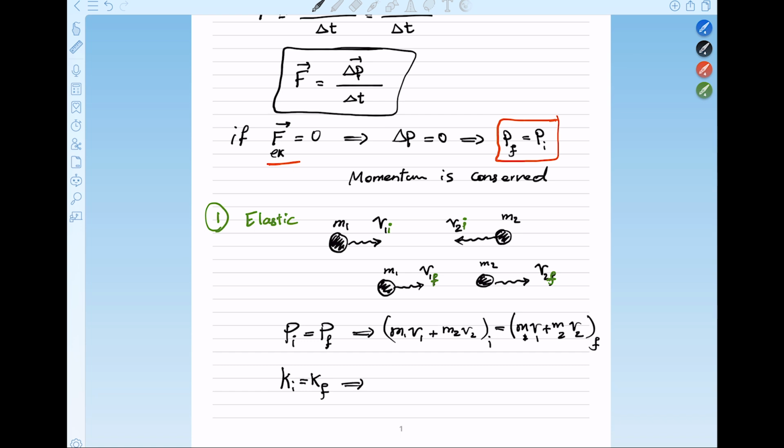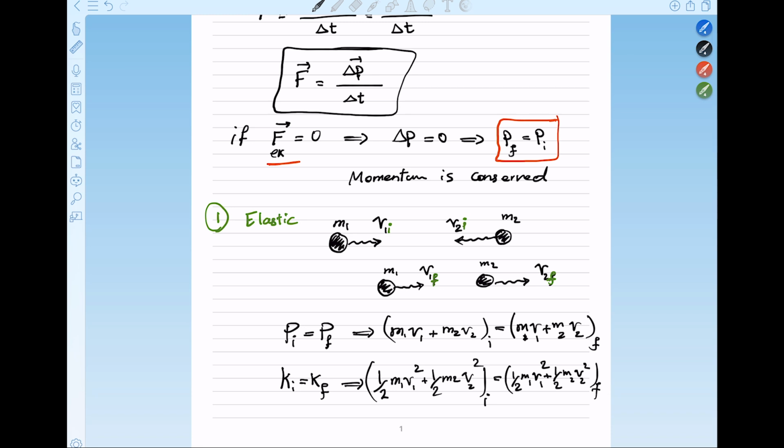Okay, so half m1 v1 squared plus half m2 v2 squared initially should be equal to half m1 v1 squared plus half m2 v2 squared finally.